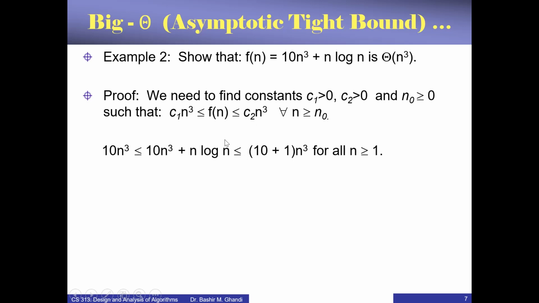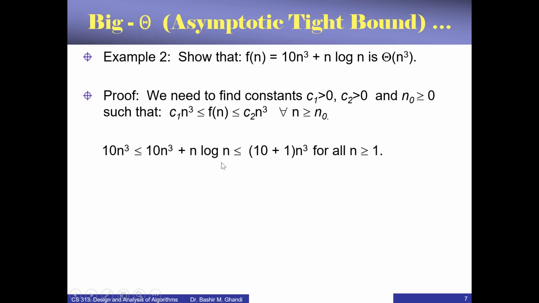Well, we can find it by upgrading this term to be in the form of n cubed. Obviously, n log n is less than n cubed. In fact, n log n is less than even n squared, because if you remember, log n is less than n. Log n is usually a much smaller value than n.